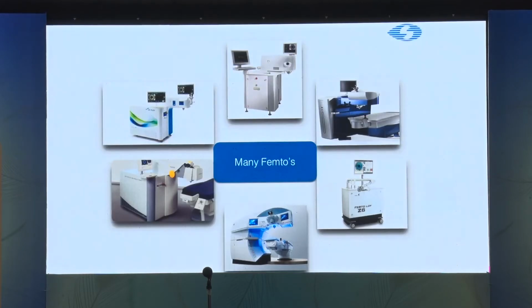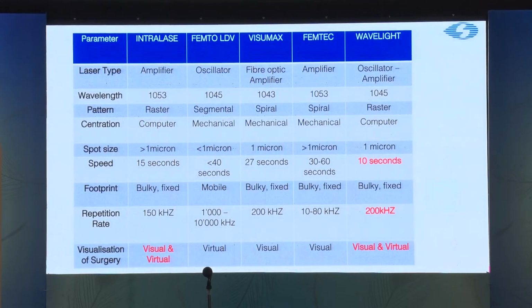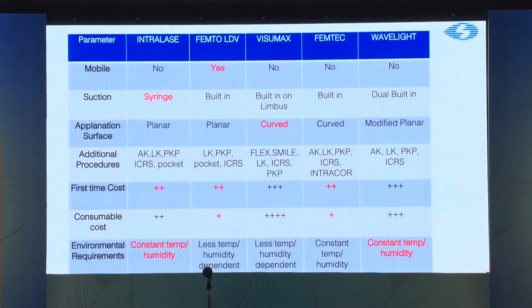There are various different femto devices, like I mentioned, available in the market. These are tables just highlighting the differences between them. Broadly, I've highlighted the key factors in these devices. The Wavelight has the fastest creation of the flap, as it's a 200 kilohertz laser. The femto LDV is the narrowest footprint, so it's more mobile compared to the other devices.